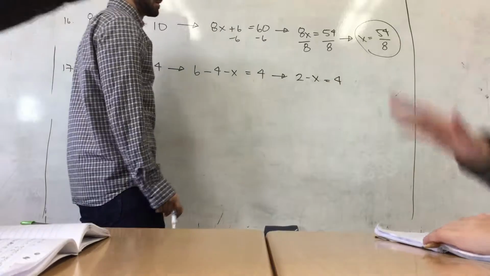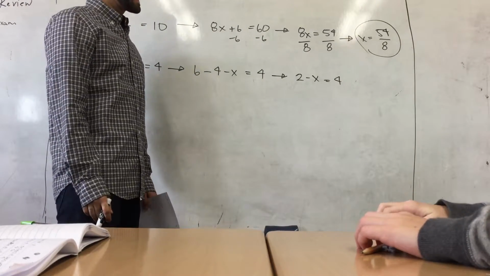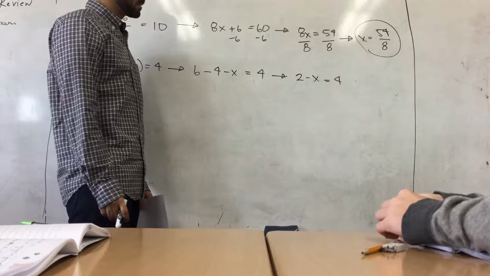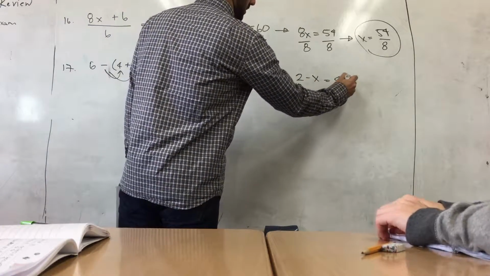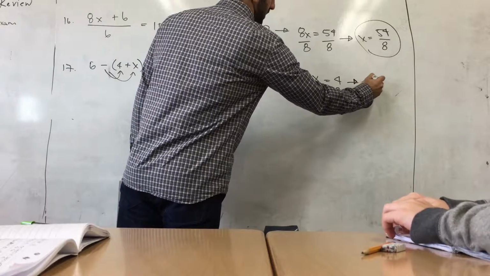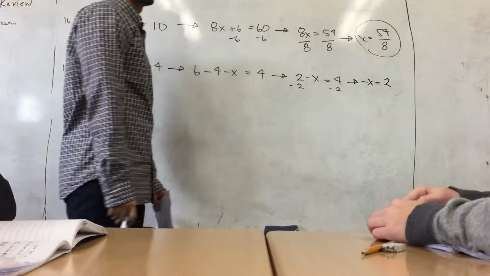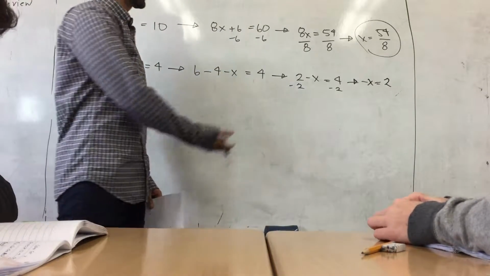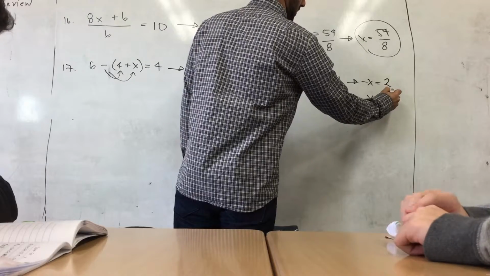Okay, now what? Then you would add 2 on each side. I mean, subtract 2. And you get negative x equals what? 2. Okay, if negative x equals 2, what's positive x equal to? Negative 2.